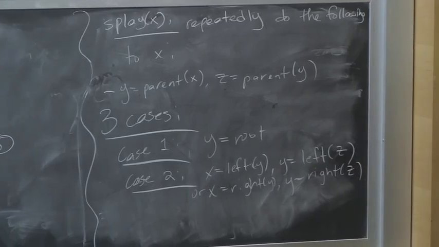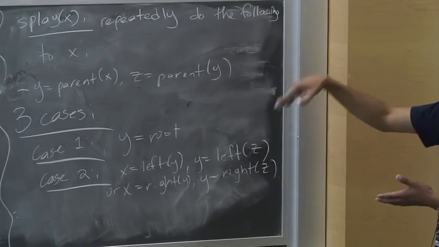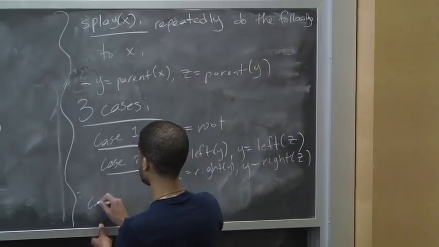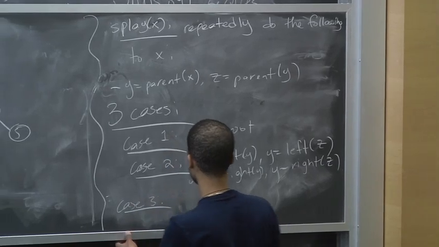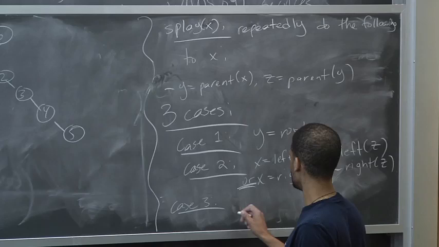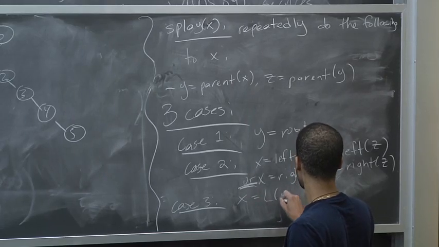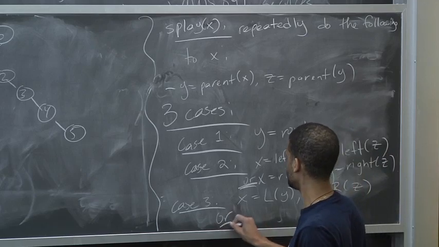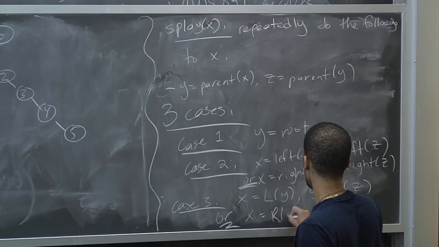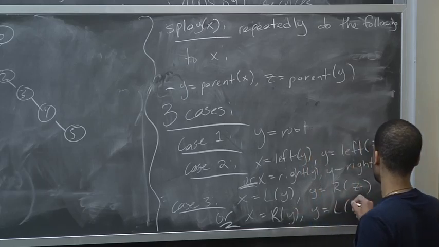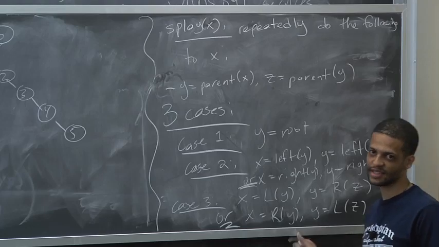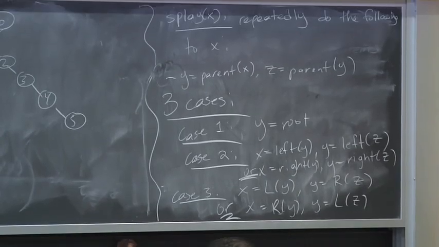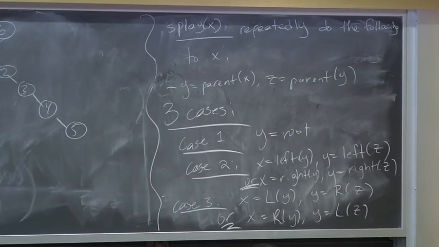So these child pointers are both going in the same direction, left-left or right-right. And then case three is everything else. So x is the left child of y, and y is the right child of z, or x is the right child of y, and y is the left child of z. So those are the three cases, and what we do in the three cases is going to be different.